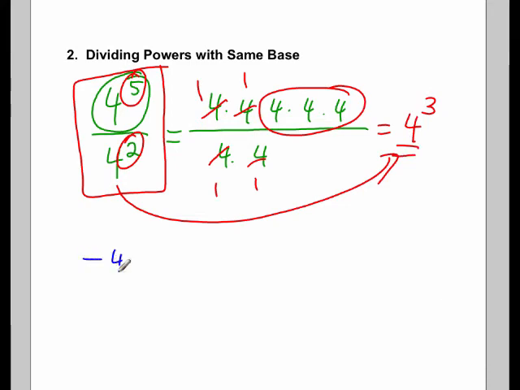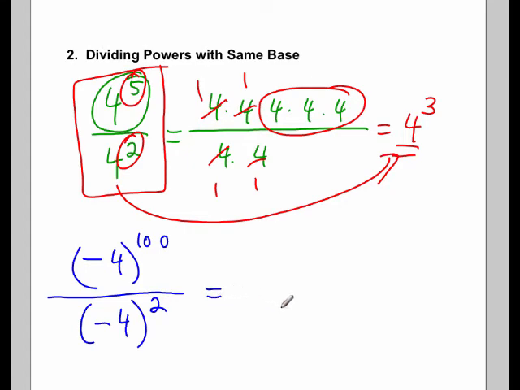And so if I had negative 4 to the 100 divided by, now to use this rule, remember the base has to be the same, so let me pick a common base, divided by negative 4 to the 2nd, my base is negative 4, so that's in brackets. Remember, having the brackets and not having the brackets is important because it can affect the answer. And since I'm dividing powers with the same base, I can get my result by subtracting those two exponents to be 98.